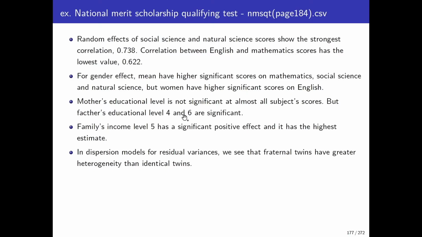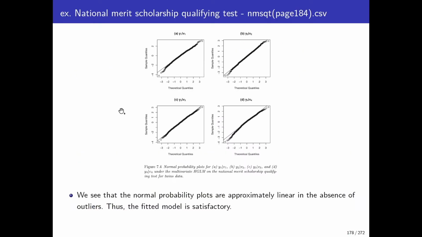Family income level 5 has a significant positive effect, and it has the highest estimate. In the dispersion models for residual variance, we see that fraternal twins have greater heterogeneity than identical twins. From these figures, we see that normal probability plots are approximately linear in the absence of outliers. Thus, the fitted model is satisfactory.